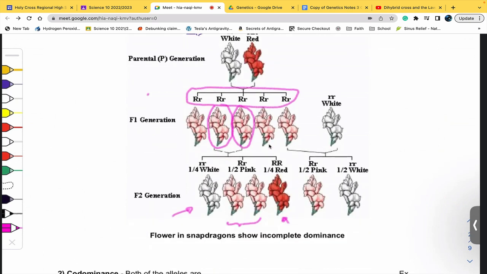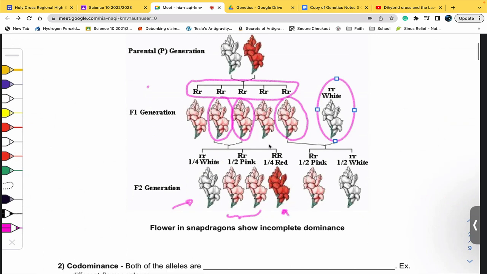Okay. You can also get similar separation when we combine the F1 generation with one of the parents, in this case the white.